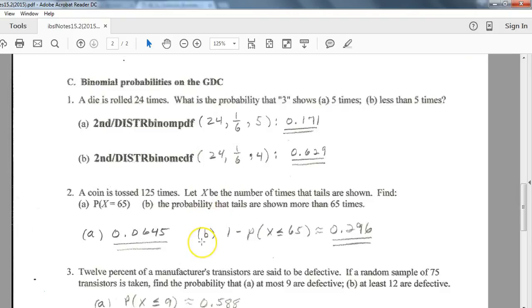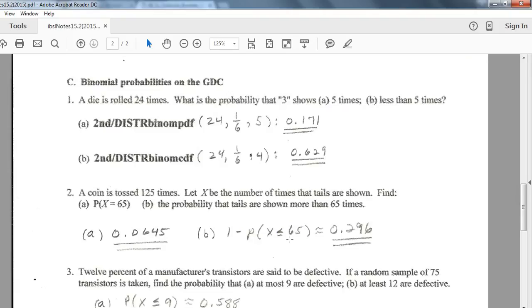Again, give a couple of these a try. Here's one last thing I want to throw in. The cumulative button does everything up to a certain point. When you say something like more than 65, that means we're talking about everything greater than 65. When you do the cumulative button in your calculator, it goes from 0 to whatever. So you have to set it up this way in order for that to happen.